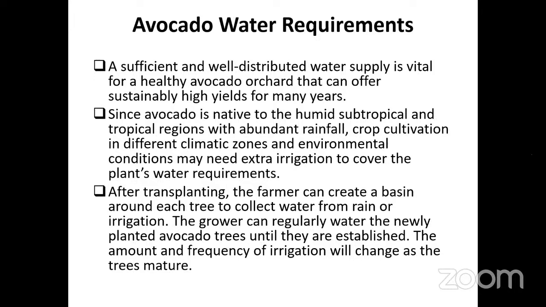So any fluctuation or deficiency of the irrigation system or of the required water during those two stages will cause the flowers to fall down immediately, and of course this will affect the production.